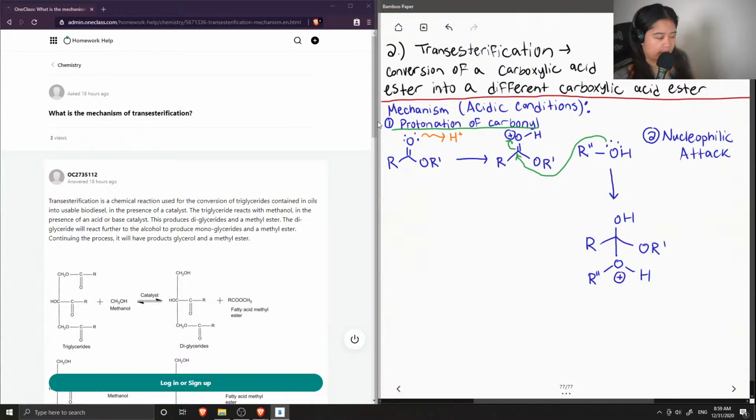So this oxygen has a positive charge, but step 3 is just a proton transfer. So I'll show that this proton will be transferred to the other R group.